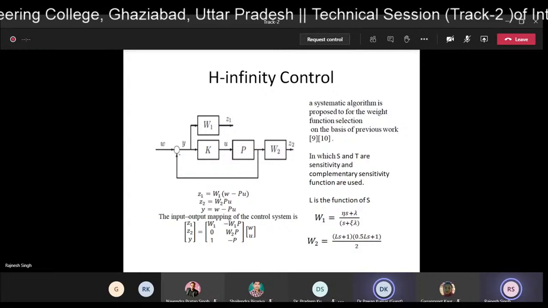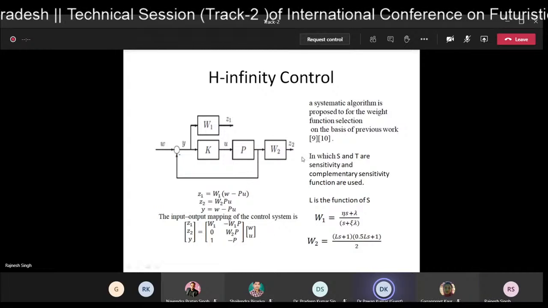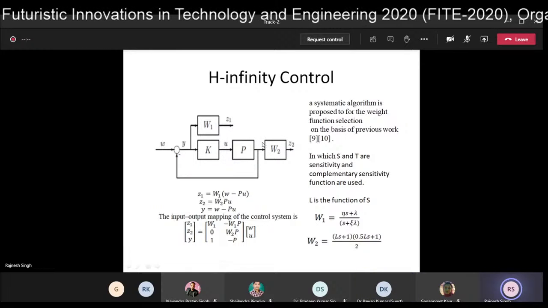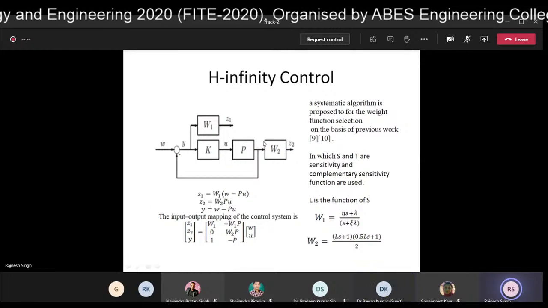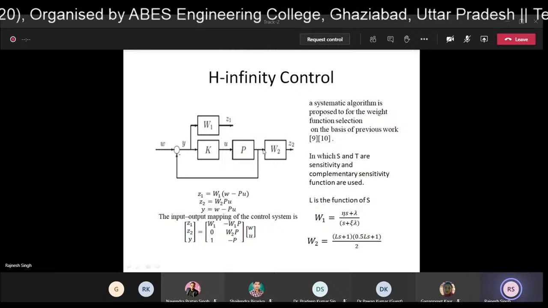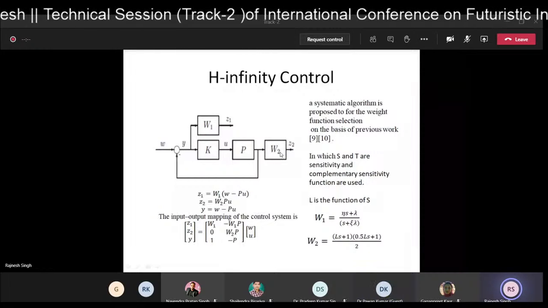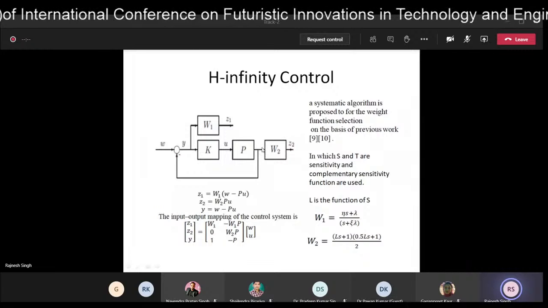Z2 is W2 into PU. Z2 is the overall output of the system, the weighted output.